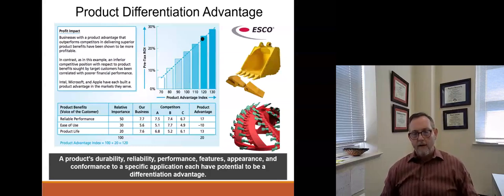Okay, so again, we're looking at how our product performs in the eyes of the consumer, and do we have an advantage in that space, and should that be where we are? Now, clearly, if we're to have an advantage, if we're at 120 and 100 is average, then we could very well justify a higher price and charge our customers more, and by doing so, potentially increase our profit margin.